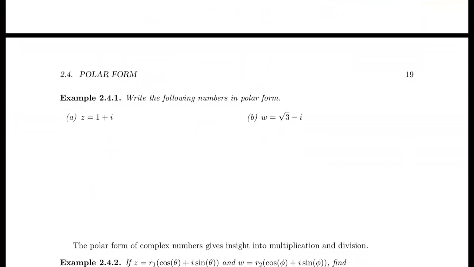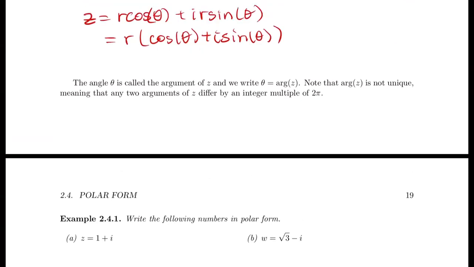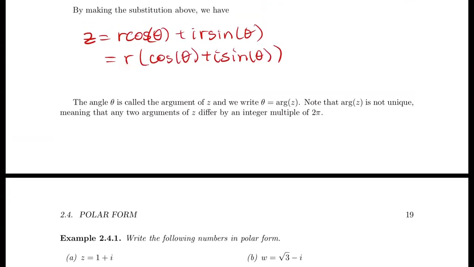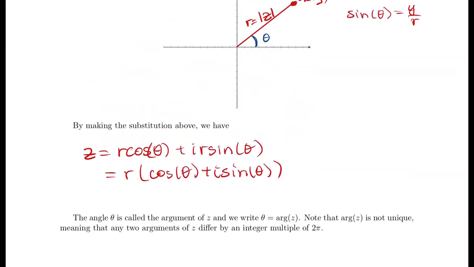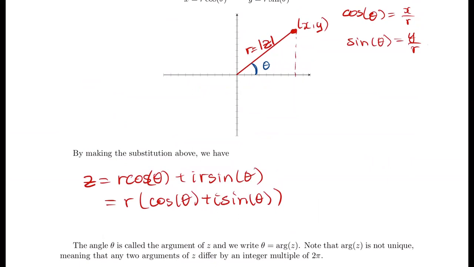So let's have a look at some examples. Let's say we have the complex numbers given by z, which is 1 plus i, and w, which is root 3 minus i. Remember, we need two things: we need the length r, and we also need the angle. The angle is usually determined by the tan inverse of y over x, which is the opposite over adjacent here.